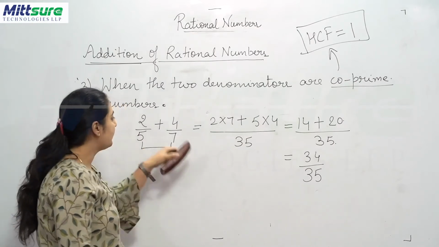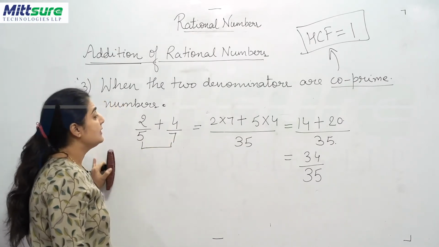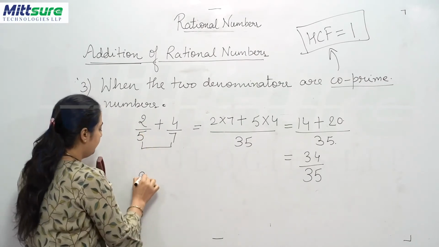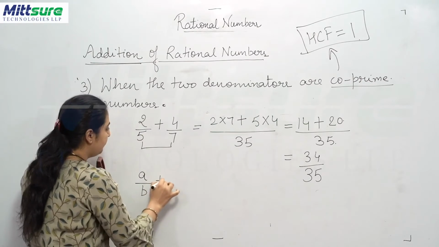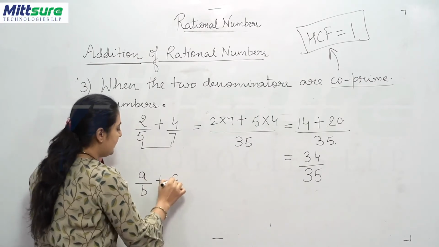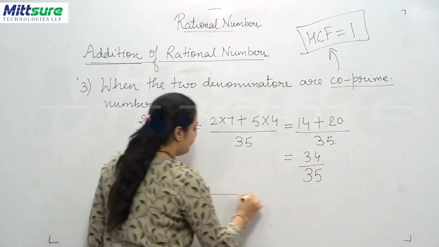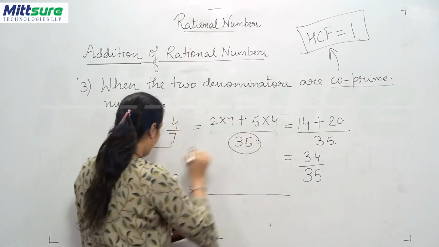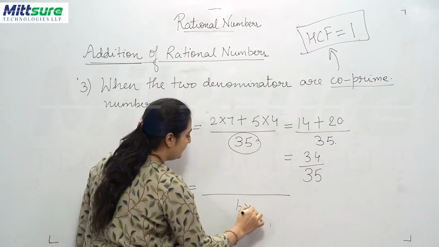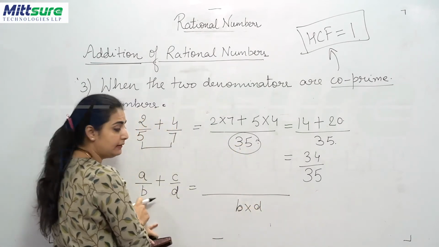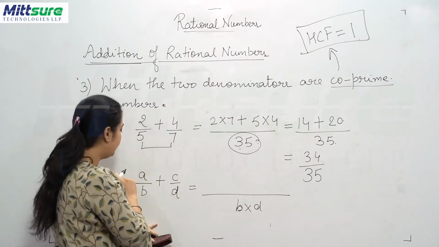Clear? Now we will write their symbolic representation. See, this is A upon B plus C upon D. Now finding out the denominator was B into D, multiplying B and D, the two denominators, right?